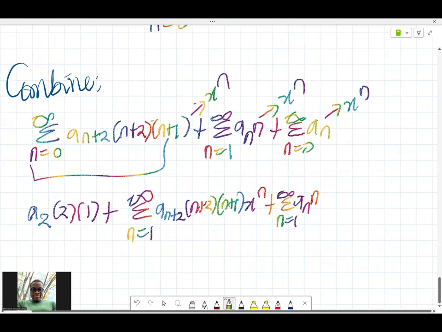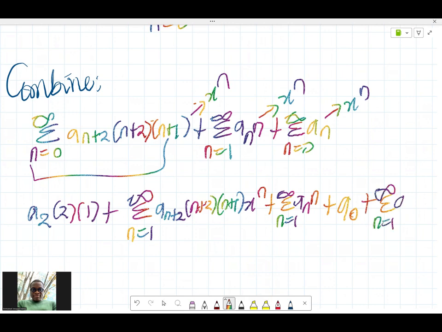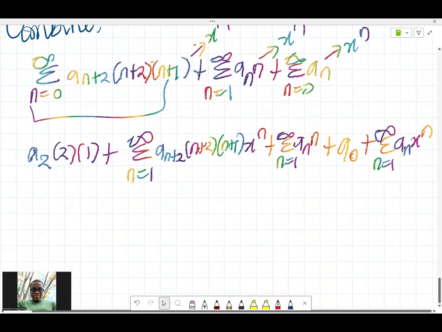So when n is 0, we just have a naught. Then we now have summation from n equals 1 to infinity of a n x raised to power n. So we have, of course, a0 x raised to power 0, which is 1. So we don't have to worry, because x raised to power 0 is already 1.